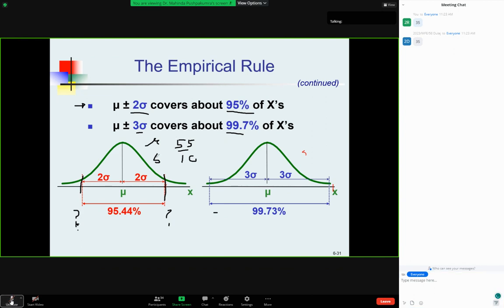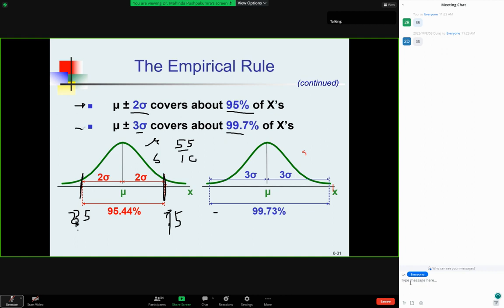Yes, 35. Then here 75. Then the empirical rule says that 95% of observations are within this range, if the distribution is normally distributed.